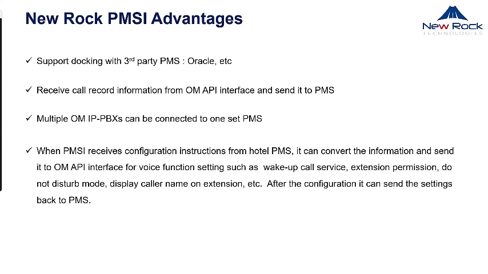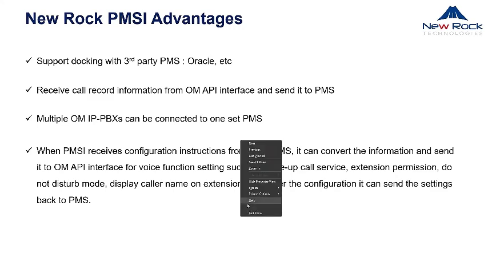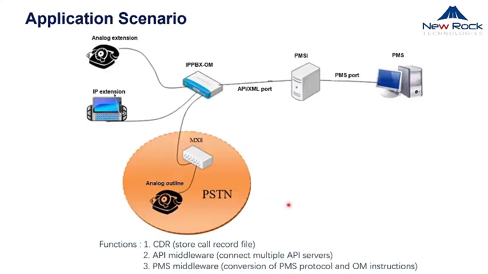This is for voice functions such as the wake up call, extension permission, do not disturb mode, and the display of caller name and extension, among others. After the configuration, it can send the settings back to the PMS. So that's the main functions, the main advantages of our PMSI middleware.